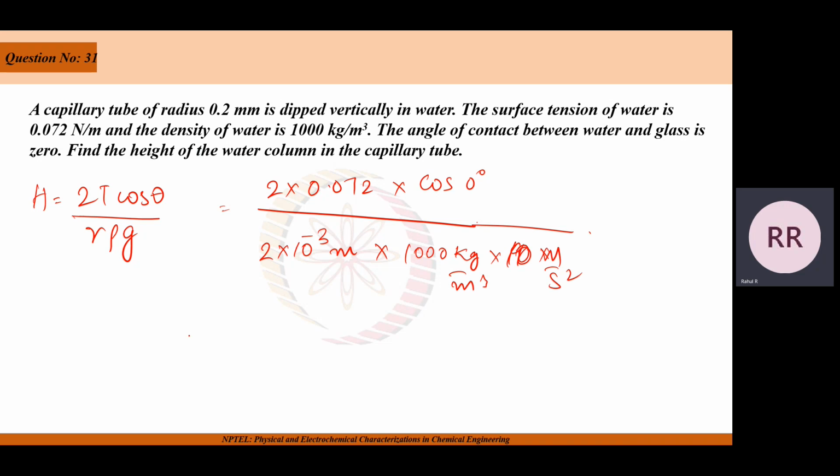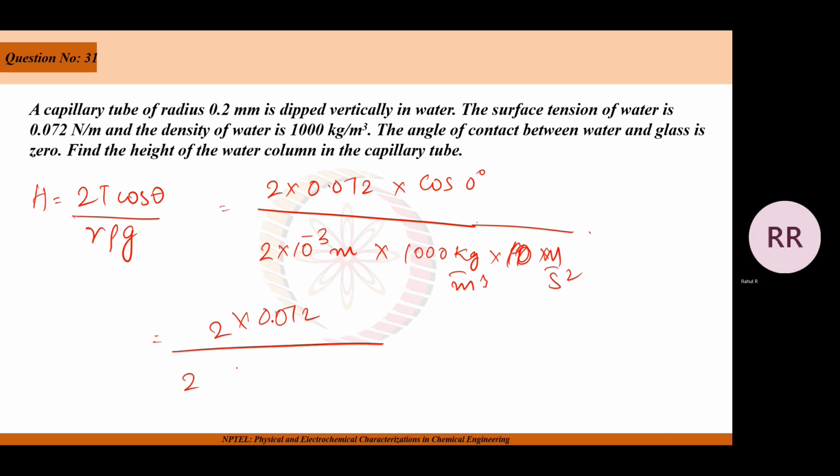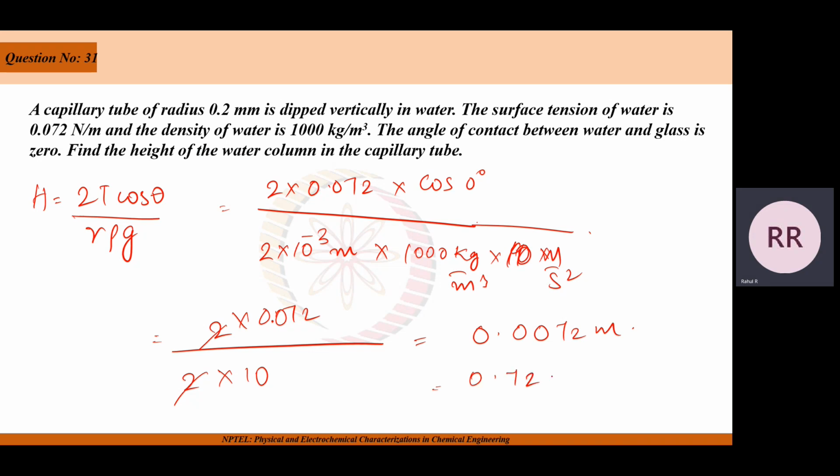So it is 2 into 0.072 divided by 2 into 10. You can cancel these out. The answer is 0.072 meter.